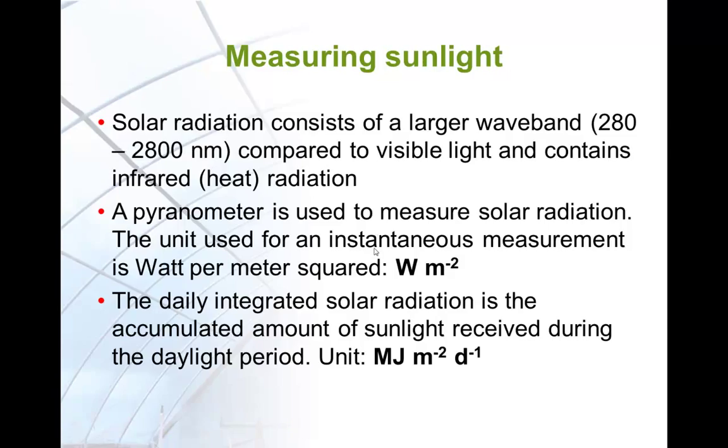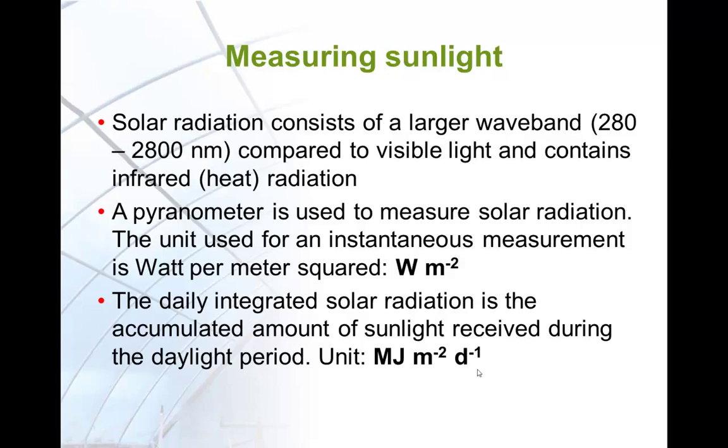Because much of the energy turns into heat, the unit used for solar radiation is often watt per square meter. And also, we use daily integrated solar radiation. In that case, the unit turns into megajoule per square meter per day.